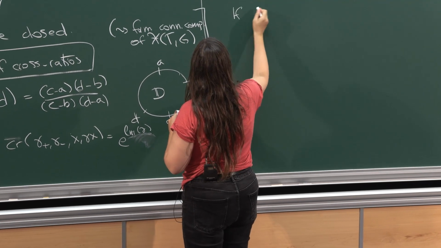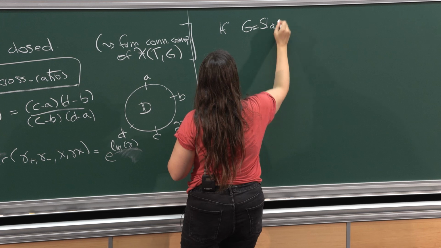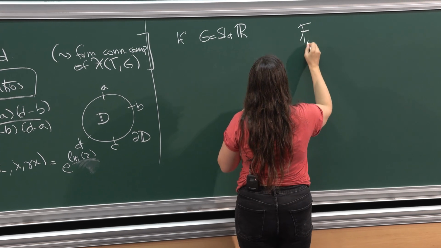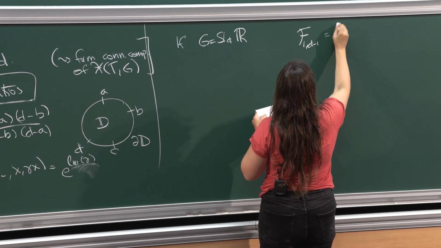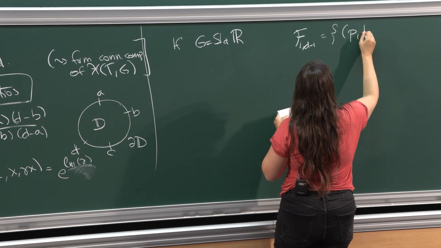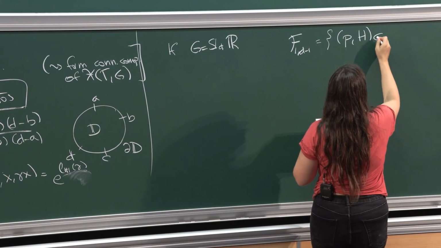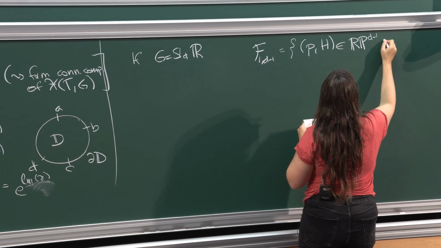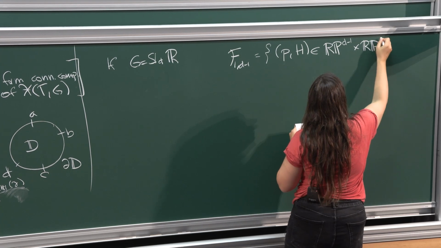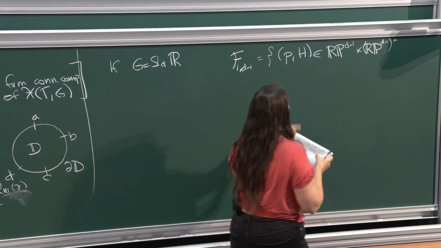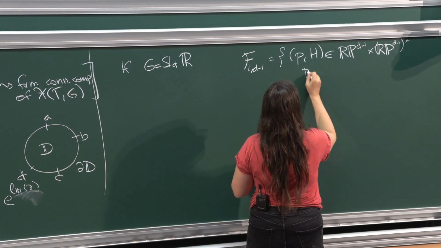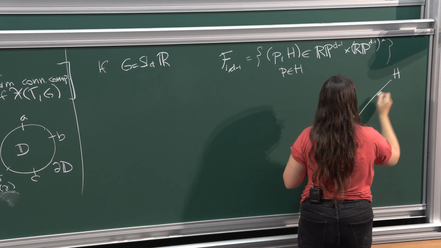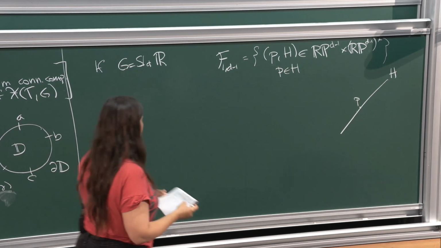If G is SL D R, we consider F1,D minus 1, which are pairs of a point in RP^(D minus 1) and a hyperplane in RP^(D minus 1) dual, and the hyperplane contains the point, so p in H. So in SL3 this is the flag where I want to do this story.